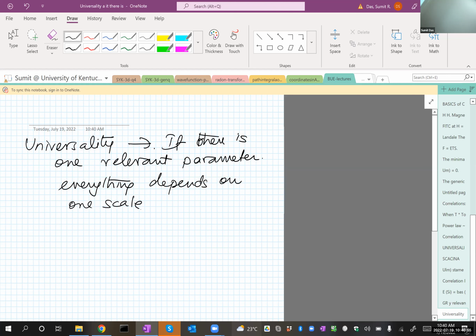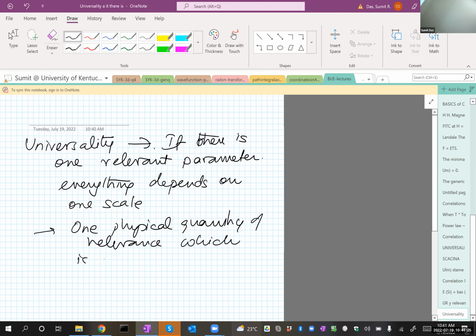What does this mean? Depending on one scale means that so far as the critical behavior is concerned, there is only one quantity which characterizes that material which carries some dimensions. So there is only one physical quantity of relevance which is dimensional.